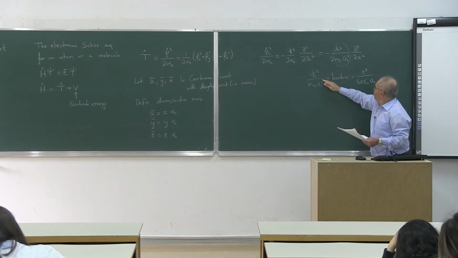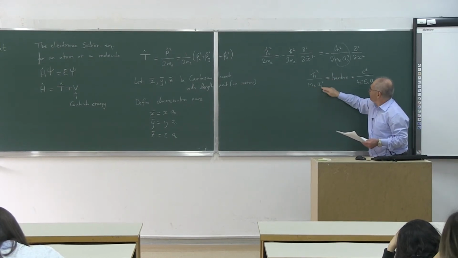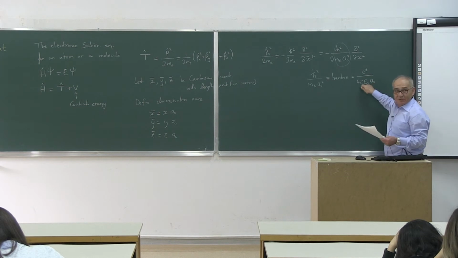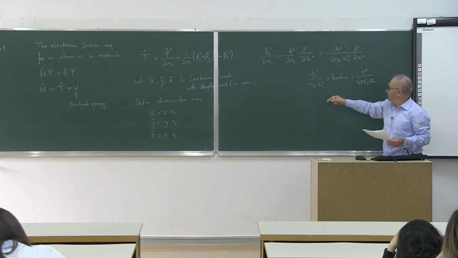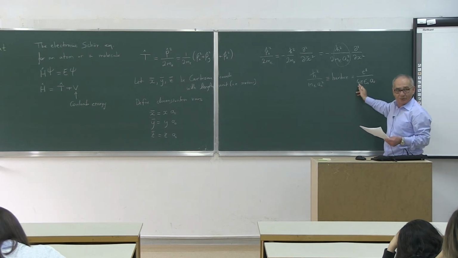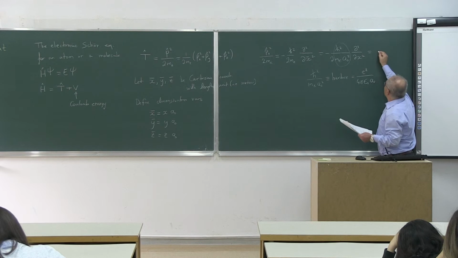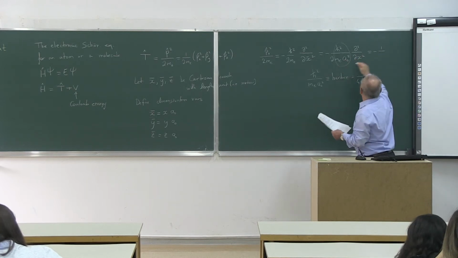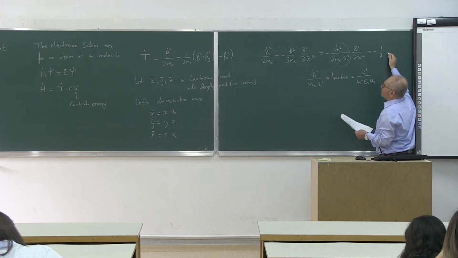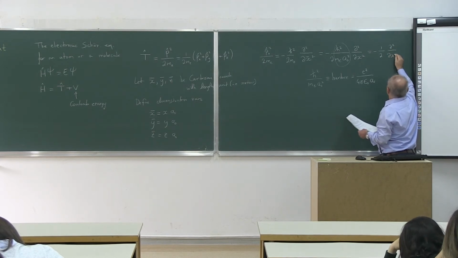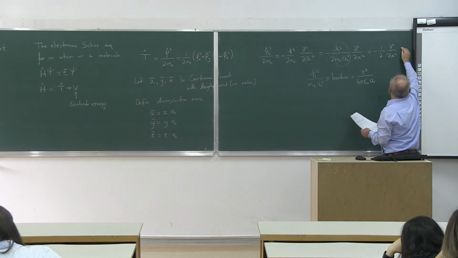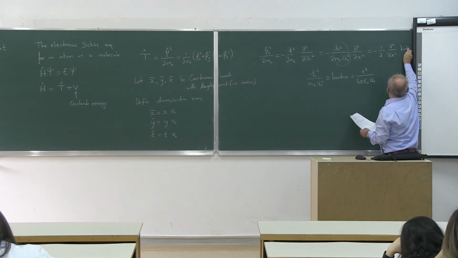You see, the constants here are different from the constants here, but when you do the calculation, you will see that this expression is the same as that one, which means that we can write minus 1/2 times second derivative, and the unit is Hartree.